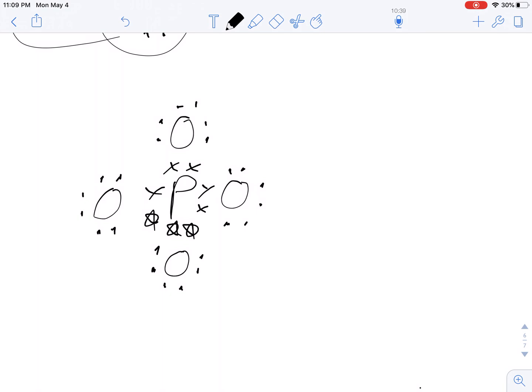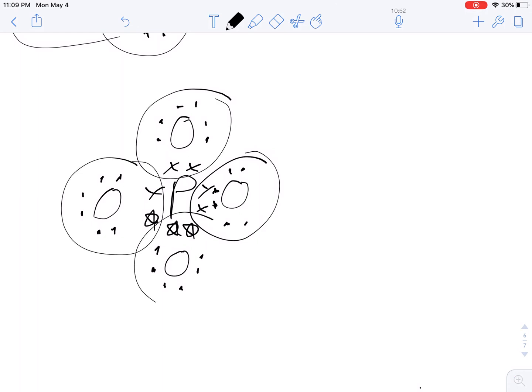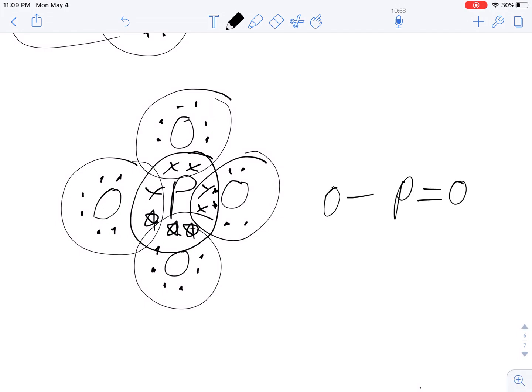Now, is it possible to get 10 around the phosphorus and keep everybody happy? It is. We can take those 2 electrons and put them right there. I'm going to still have 8 around my oxygen, but now I'm going to have 10 around my phosphorus by introducing a double bond right there.